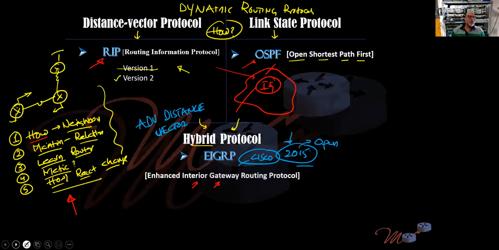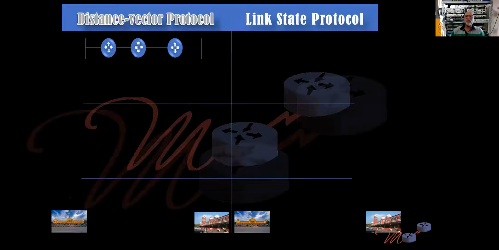So I'll teach you the difference between these two protocols, distance vector and link state, because we are learning these protocols. Let's take an example. Let's say this is the 10 network, and let's say 20, 30, 40. Now you have R1, R2, R3.